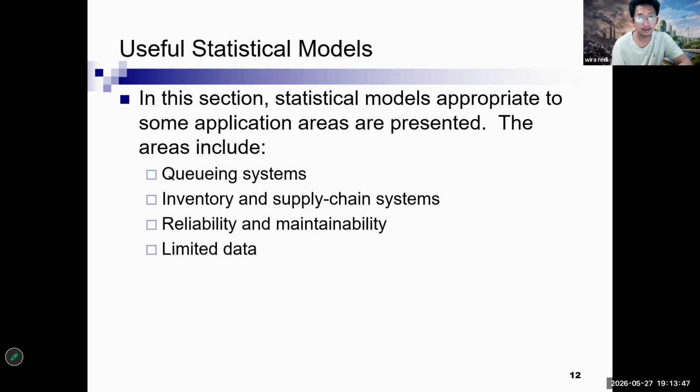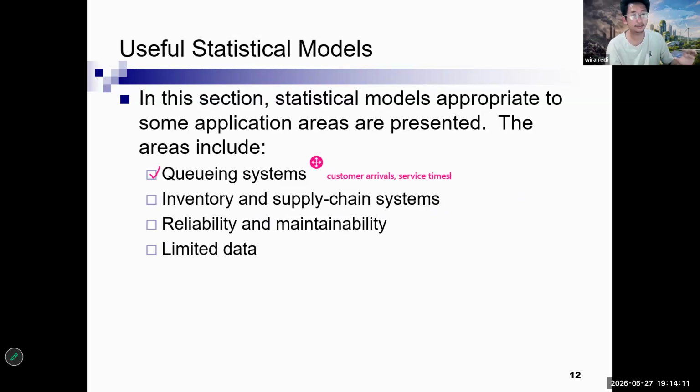Perhaps from the previous example, you can say that for a queuing system, we would have arrival times or inter-arrival times between customers. So customer arrival. What else? The service time, perhaps.